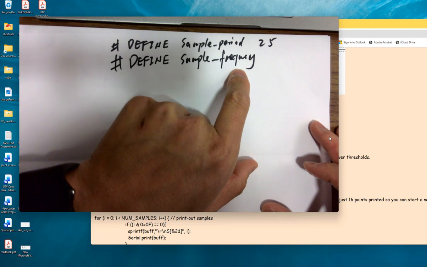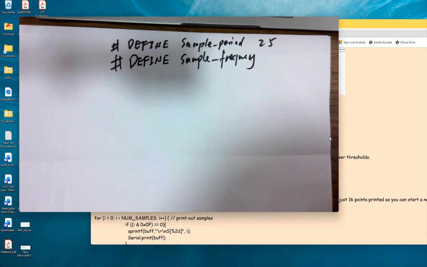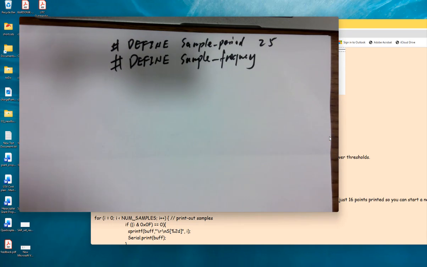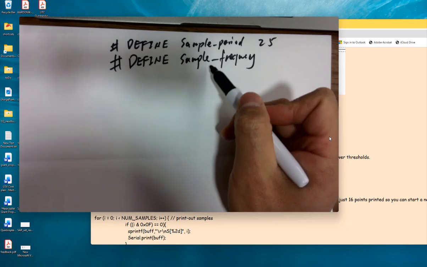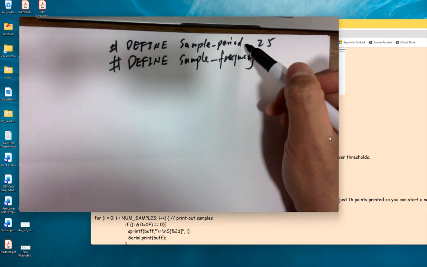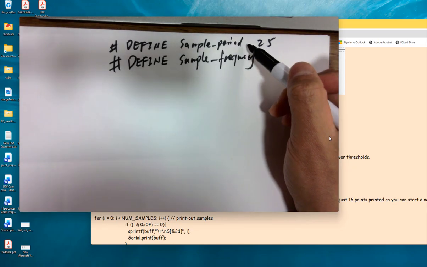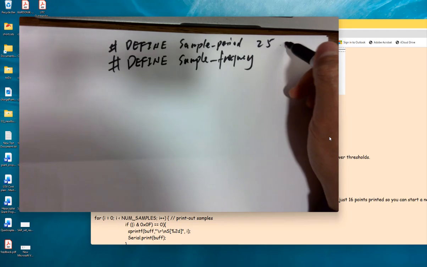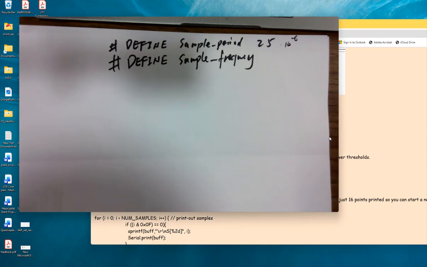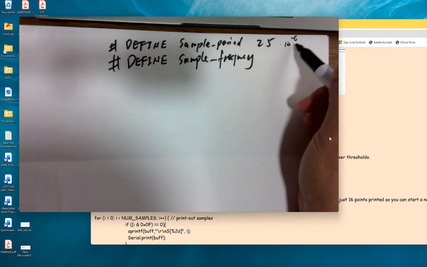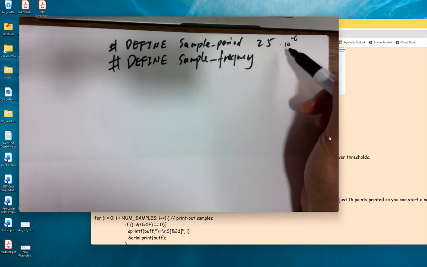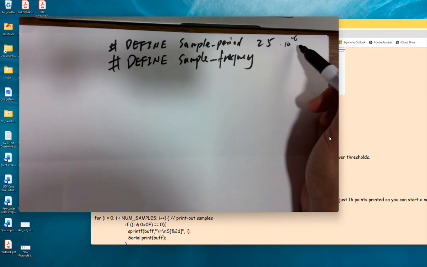So for sample frequency, this one will be larger than 1, but in real life it's 25 times 10 to the negative 6, right? But how to do this if it's going to use a second as a unit?